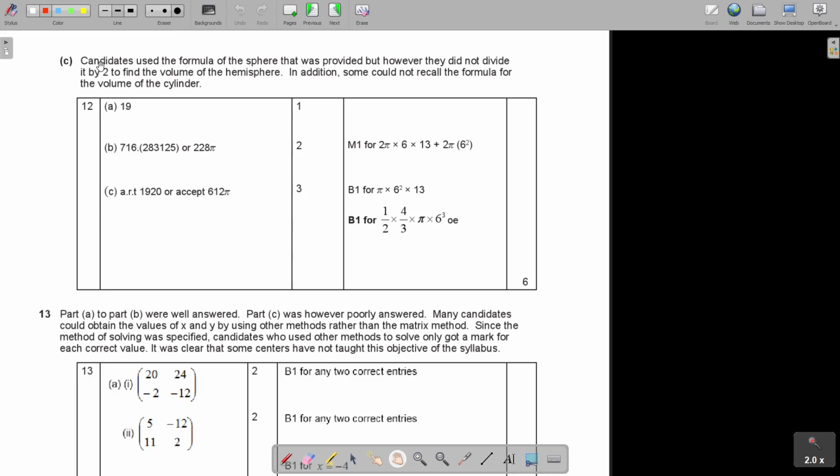I just check if I gave you the volume pages. So candidates used the formula of the sphere that was provided, but however, they did not divide it by 2 to find the volume of the hemisphere, half. In addition, some could not recall the formula for the volume of a cylinder. Remember, all volume of prisms is area of base times the height.